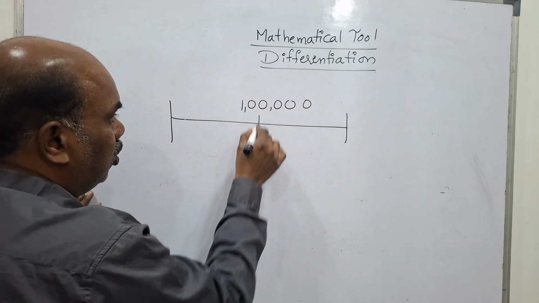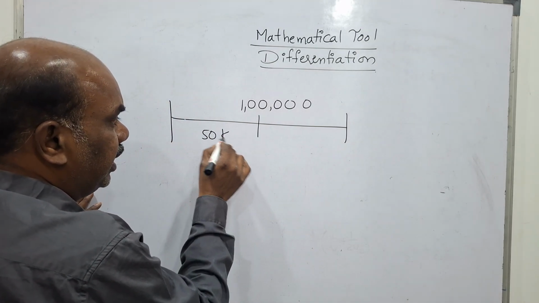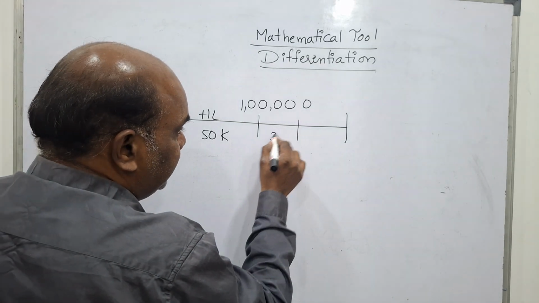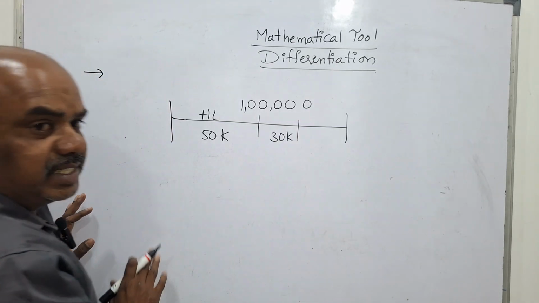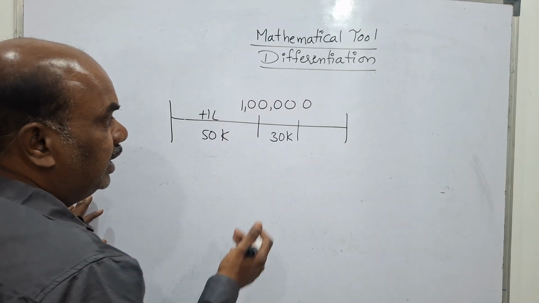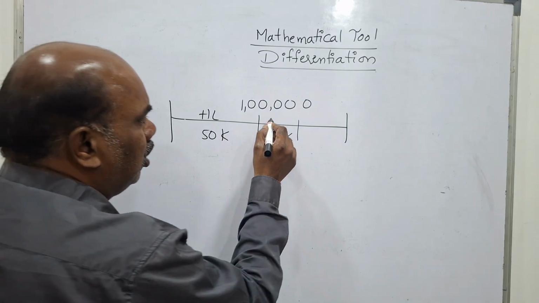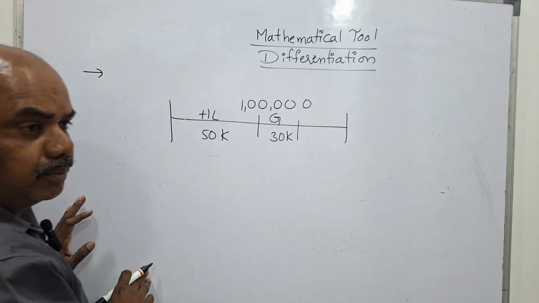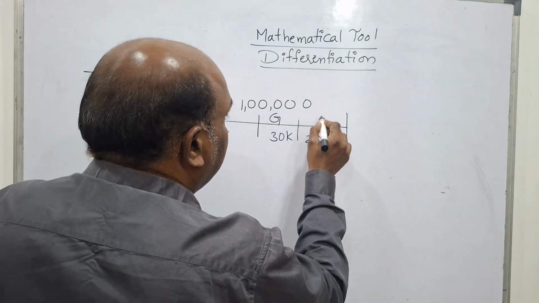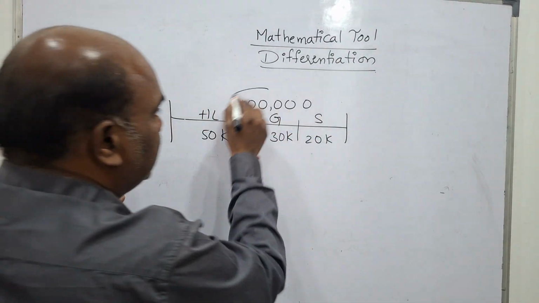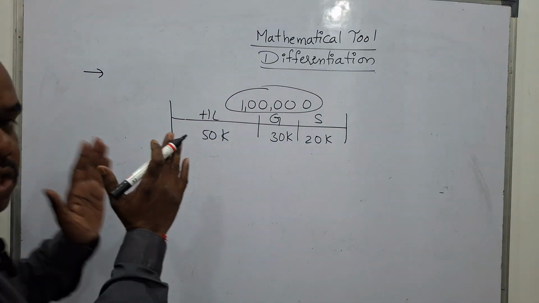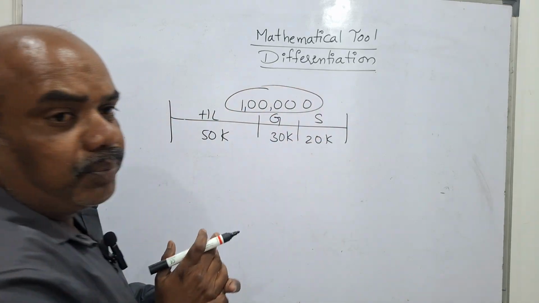In this, your home loan is 50,000. 50k is your home loan. 30,000 rupees your monthly expenses: grocery and all, electricity bill, house rent, remaining all the grocery, 30,000 rupees. 20,000 rupees your savings. That means what you are doing, your total salary is divided into so many parts. You are differentiating your whole salary.